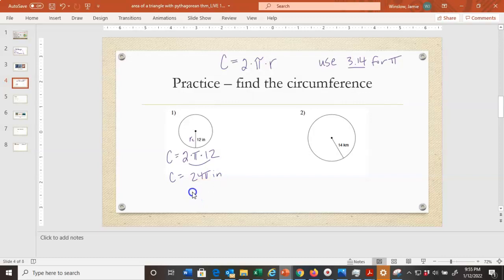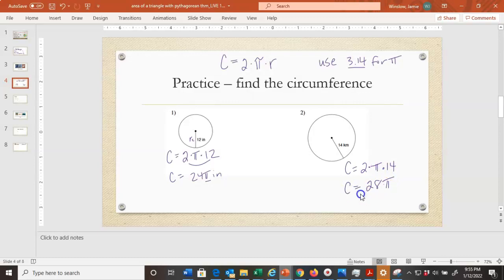And I'm going to leave it like this for a moment because sometimes you will see questions left in this form where they don't even multiply the pi out. If you're in a multiple choice question, you might see the pi left in the problem. Let's try this one. 2 times pi times 14. So we're going to have 28 pi.